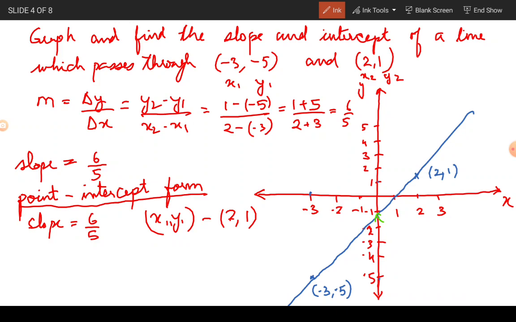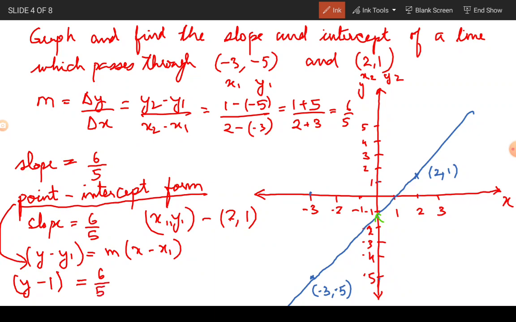Now, to find this equation, the formula is y minus y1 is equal to m times x minus x1. Okay, this is called the point-slope form, or the point-slope formula if you want. So keep y as it is, put the value of y1, is equal to m times, and we know that m is 6/5, x minus x1.